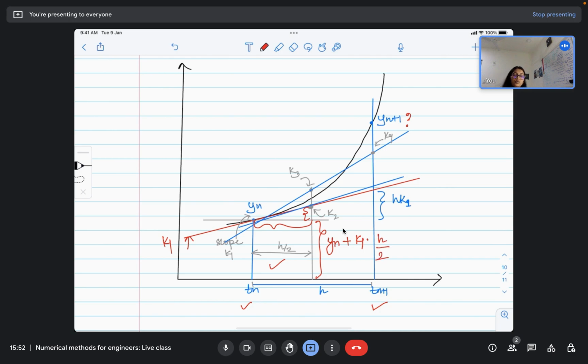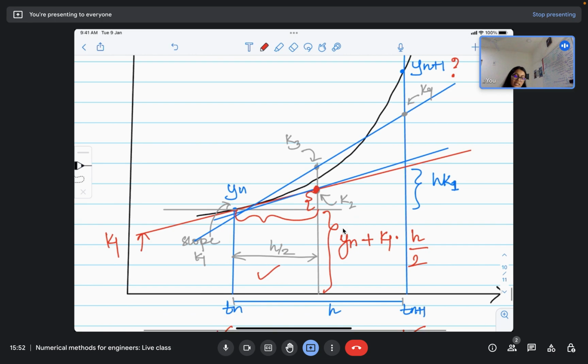That is how you arrive at this point and you compute the slope at this point, which is known as k2.